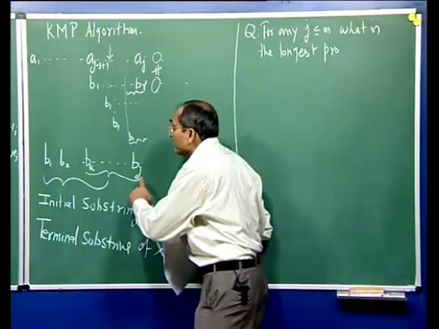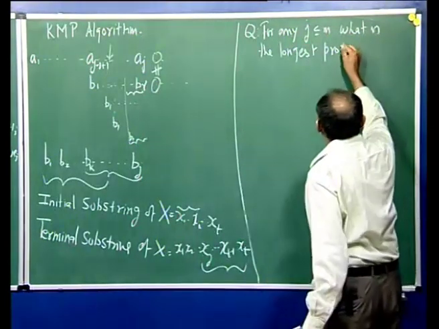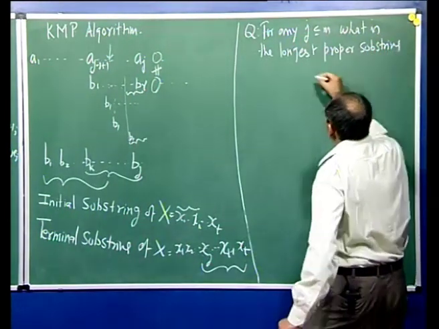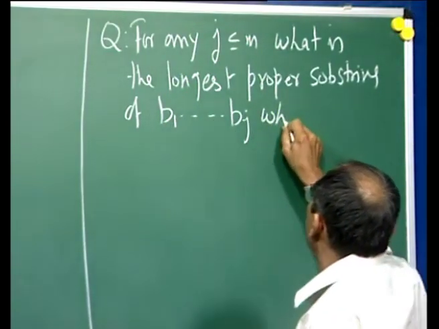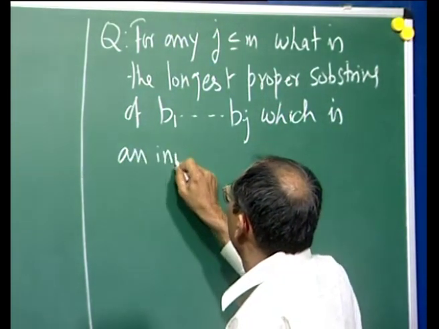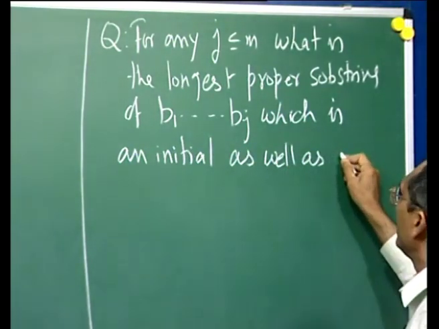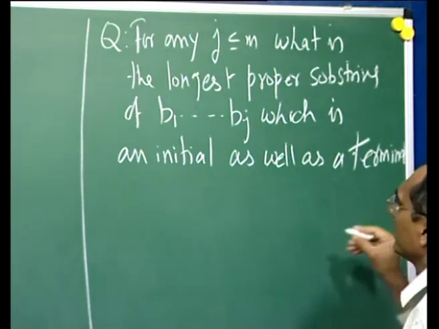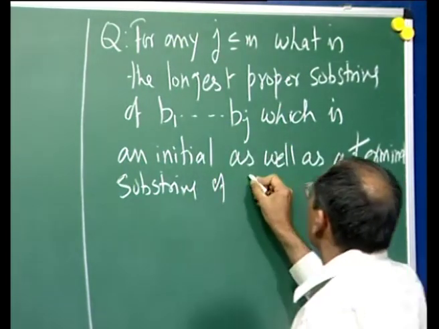That is not of our interest. We want a string shorter than j. What is the longest proper substring of B1 through Bj, which is an initial as well as a terminal substring of this?